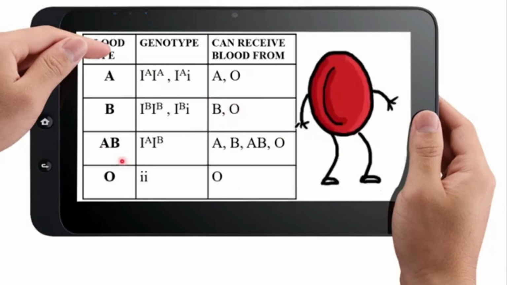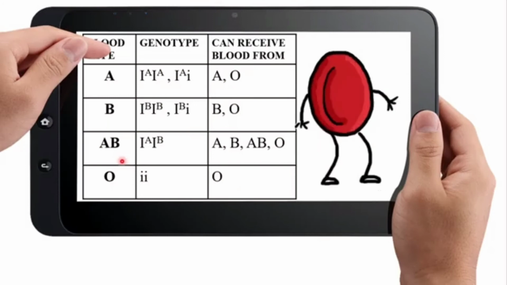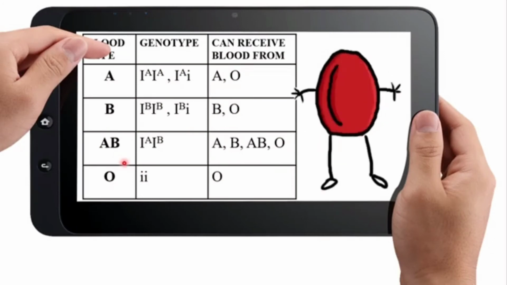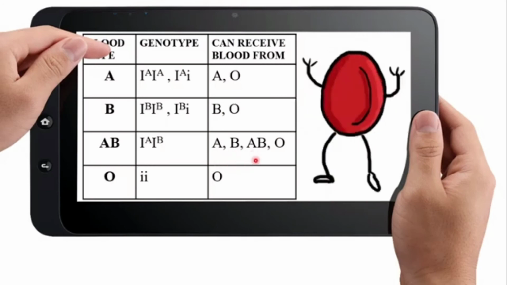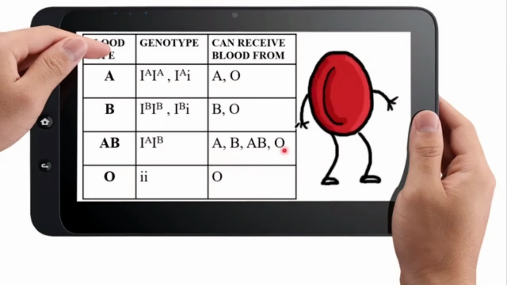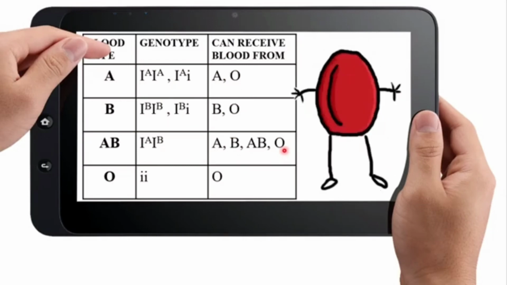For blood type AB, it is an example of both codominance and a trait with multiple alleles. It has a genotype of IA IB. It can receive blood from blood type A, blood type B, blood type AB, and blood type O. That is why it is called the universal blood receiver.